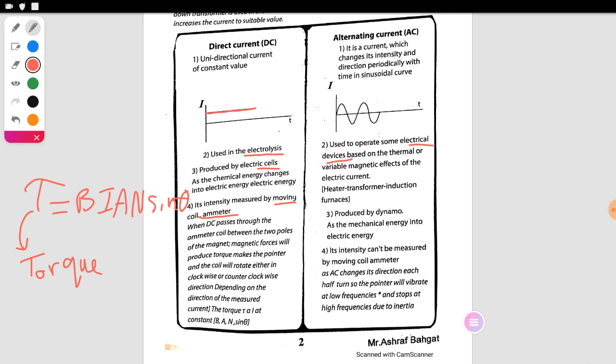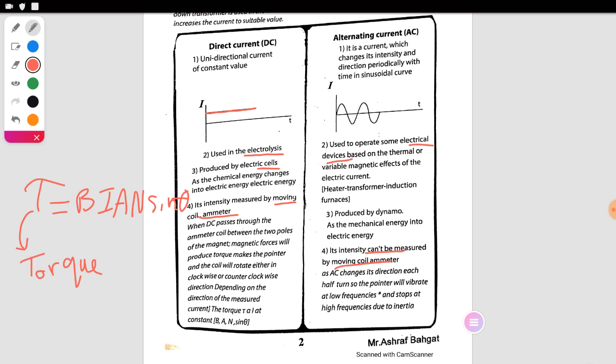It is produced by a dynamo or generator, which converts mechanical energy into electric energy. Its intensity cannot be measured by using a moving coil galvanometer, because it changes its direction each half turn, each half cycle, so the pointer will vibrate at low frequency.